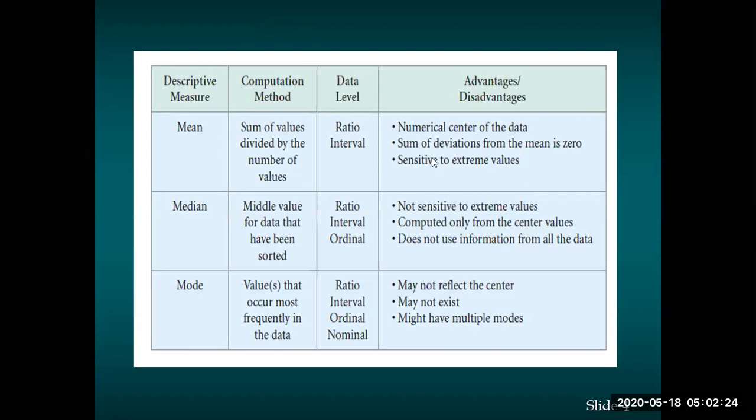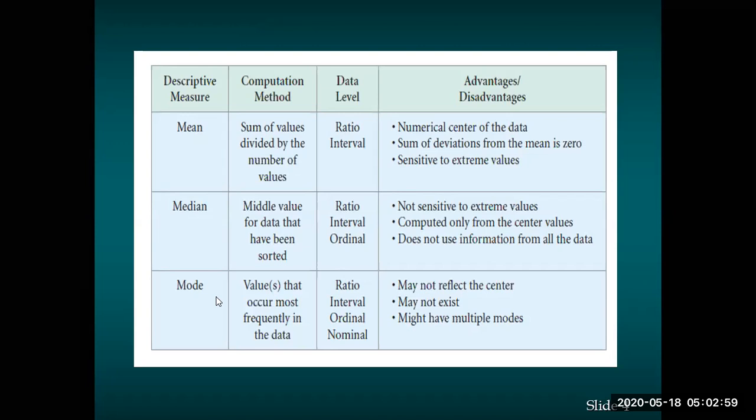The other good things about it: it is very simple, can be computed for any kind of ratio or interval scale data, and this is the numerical center of the data, and the sum of deviations from the mean is 0. But it is also sensitive to extreme values. So there are some good and some bad things about it. But that's the most commonly used average or locational measure for descriptive analysis.